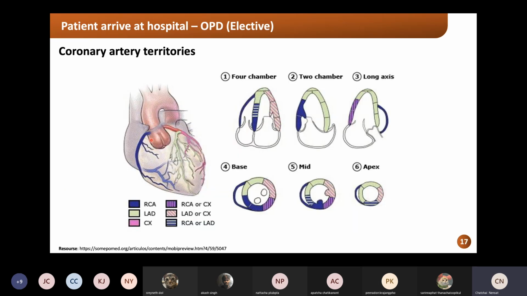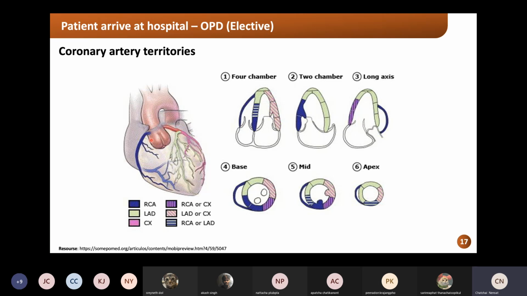And here in this slide, I would like to show you about the coronary artery territories. I know you already learned about the anatomy of the coronary artery and heart structure already, right? In the second year, I'm not sure about that.